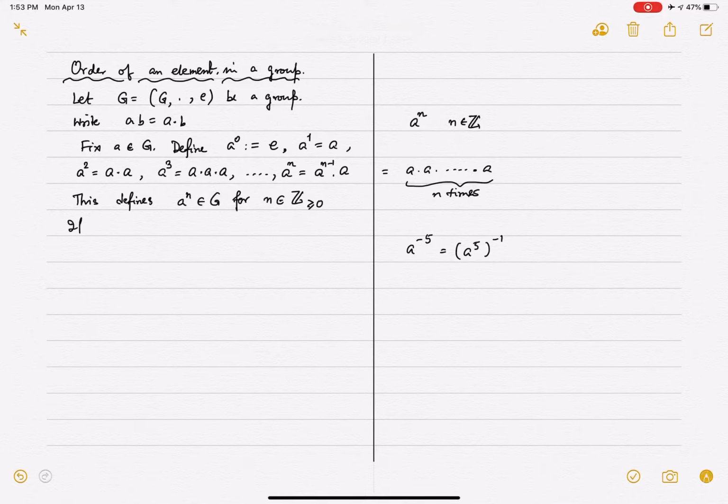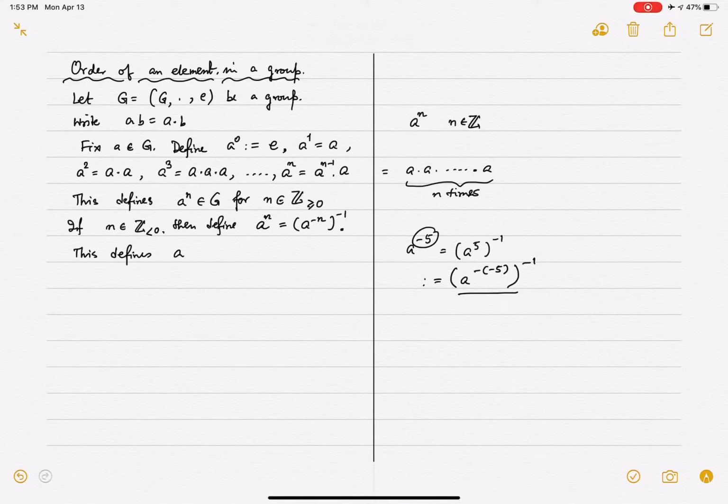If n is negative, then define a to the n to be the inverse of a to the negative n. You see, if n itself is negative, then negative n is positive, so you already know what this means. Take its inverse, and that's your definition of a to the negative number. So we have a to the n for all n in the integers.